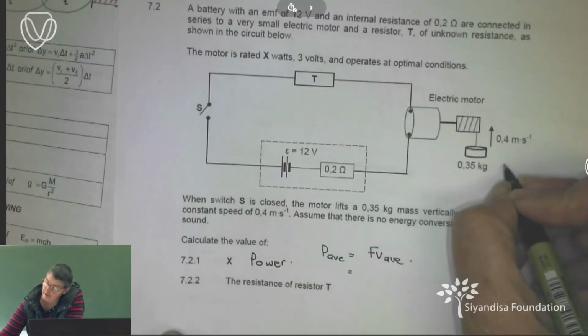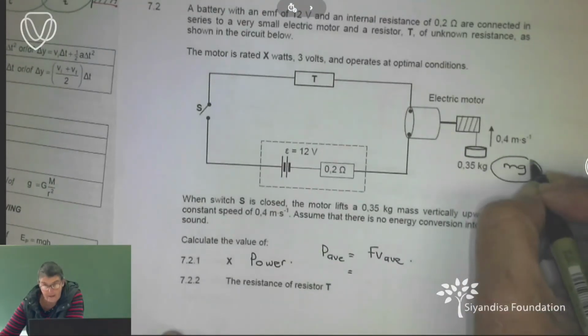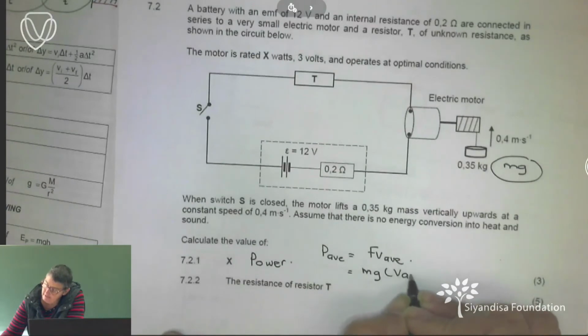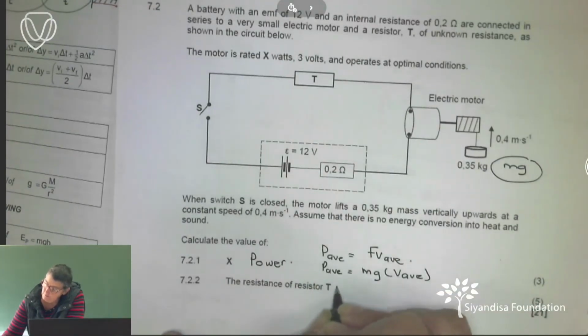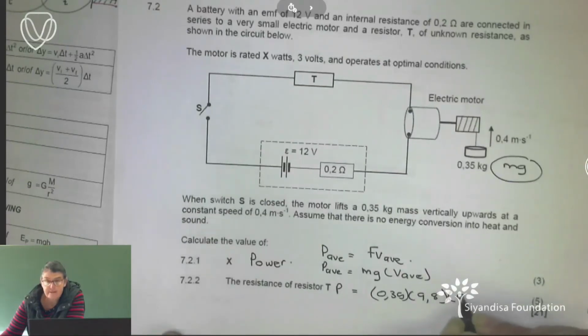We would have to make use of mg there because of the weight. So now that's going to become mg times V average. So my power is going to be equal to 0.35 times 9.8 times 0.4.